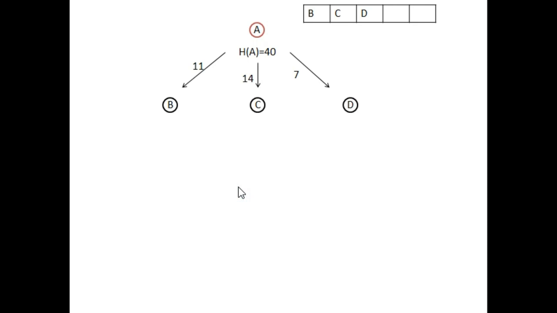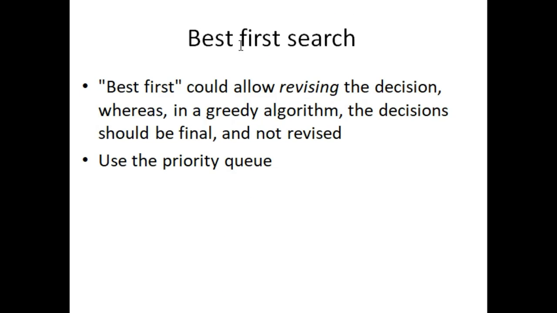क्या है कि हमने एक और इसमें बात की थी कि हमें क्या रिविजिट करने के लिए अलाउ करता है, तो वो किस तरह से अलाउ करता है. So just look at this slide again, that the best first search allows us to revise the decision, but how can it allow us to revise the decision?